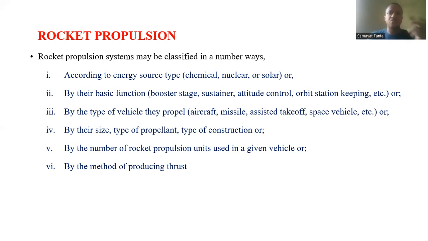So rocket propulsion systems may be classified in a number of ways. One of the classification methods is energy source. Based on the energy source, we classify rockets as chemical rockets, nuclear rockets, or solar rockets. Even the chemical rockets can be classified into liquid, solid, and hybrid.